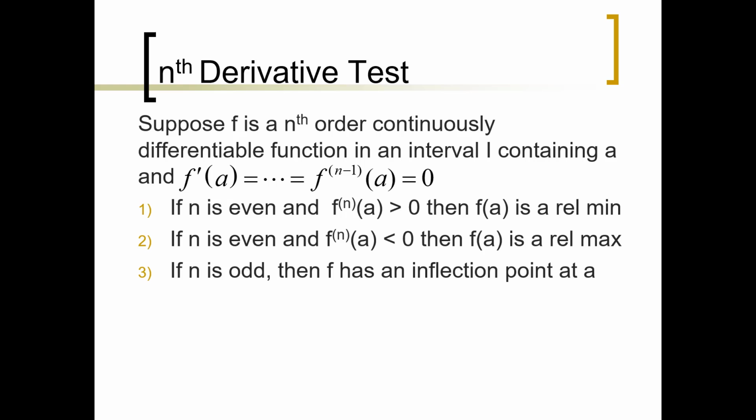If n is even and the nth derivative of f at a is less than 0, then you'd get that f of a is a relative max. Also, a really neat result is if n is actually odd, you won't get a relative max or a relative min, but you will get an inflection point because the function has to be bigger than the value on one side of a and less than the value on the other side of a. So it's got to be a turn of some kind.